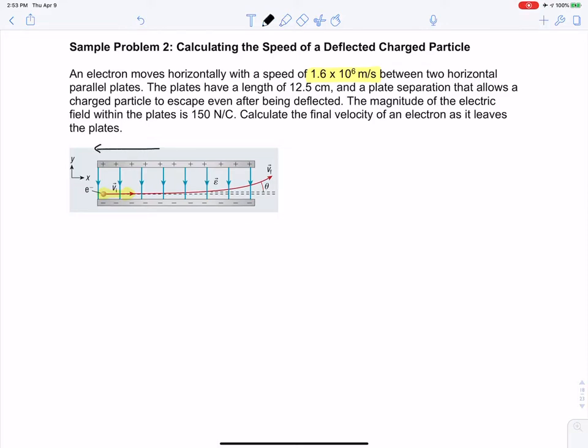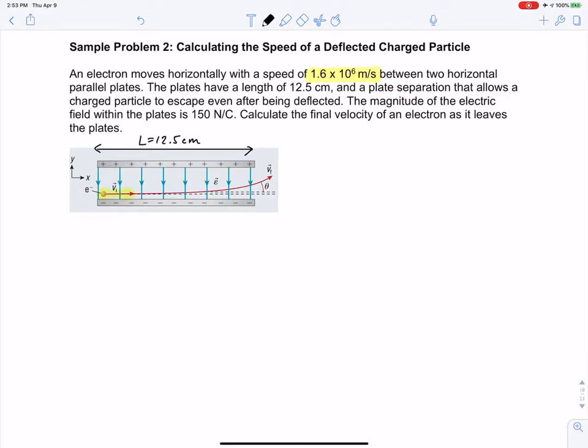So this distance is 12.5 centimeters. And there is a plate separation that allows a charged particle to escape even after being deflected. The magnitude of the electric field within the plates is 150 newtons per coulomb. Calculate the final velocity of the electron as it leaves the plate.